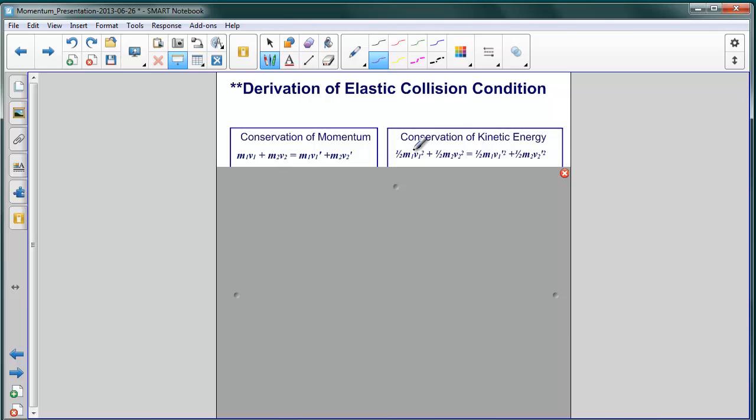And for conservation of kinetic energy, we add the kinetic energies, a half mv squared, for each of particles 1 and 2 before and after. So again, you can see 1/2 m1 v1 squared plus a half m2 v2 squared is equal to a half m1 v1 prime squared plus a half m2 v2 prime squared.